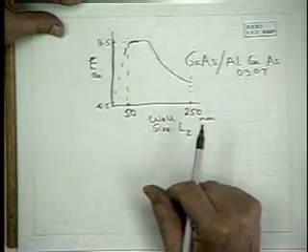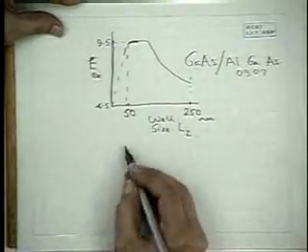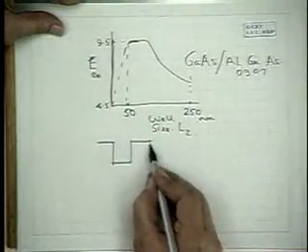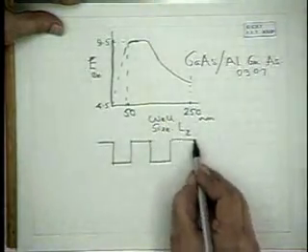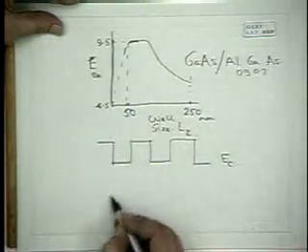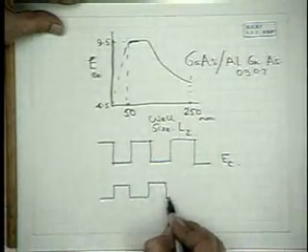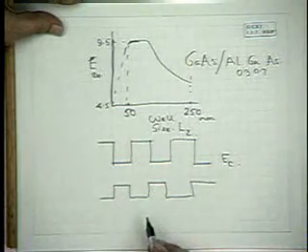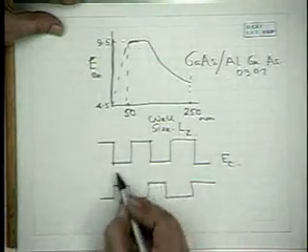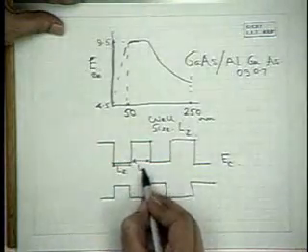Now, if you look at the actual physical arrangement, if you take a multi-quantum well, this is the valence band, the conduction band, this is Lz, this is L barrier, the width of the barrier.